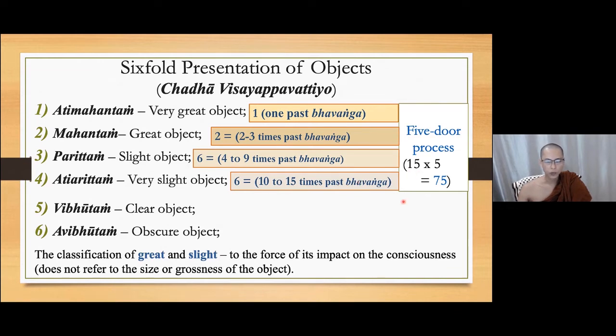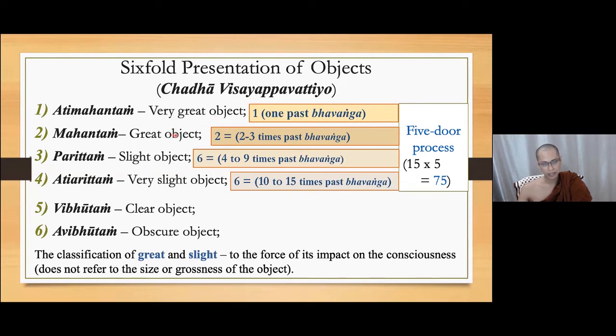So now we can understand the 75 types of cognitive process in 5 doors. For example, eye consciousness: taking the very great object, if it arises, it is 1 type.